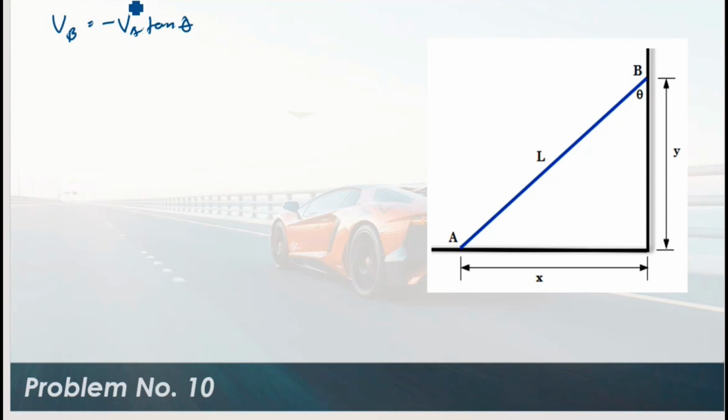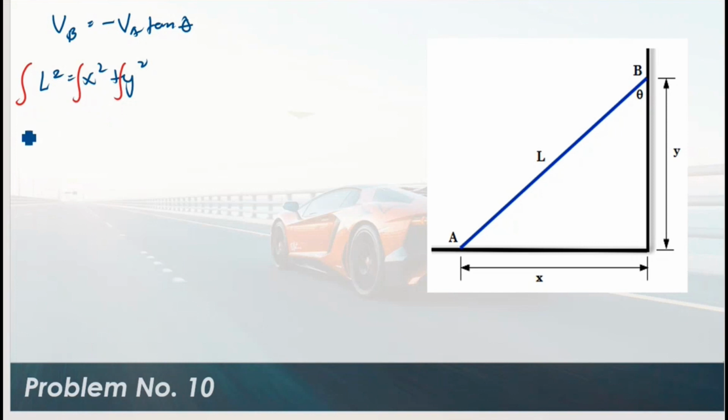So the first one is let's prove it. To prove that, let's use the Pythagorean theorem. Let's assume that it is in a right triangle position. So L squared is equal to x squared plus y squared. Let's differentiate these variables. And we know that the length is a constant value, so its derivative will become 0.